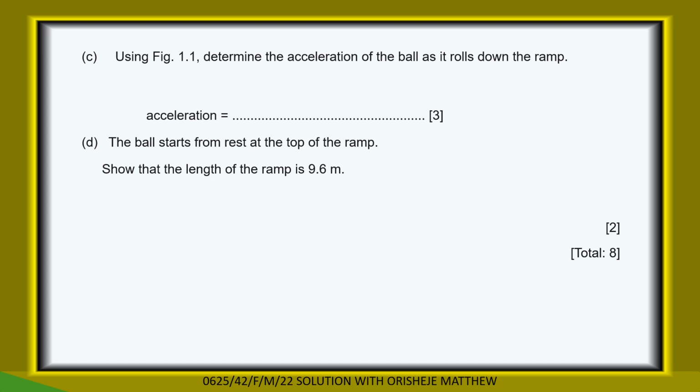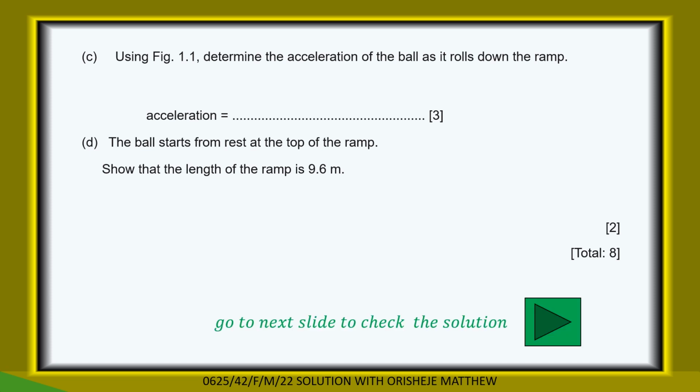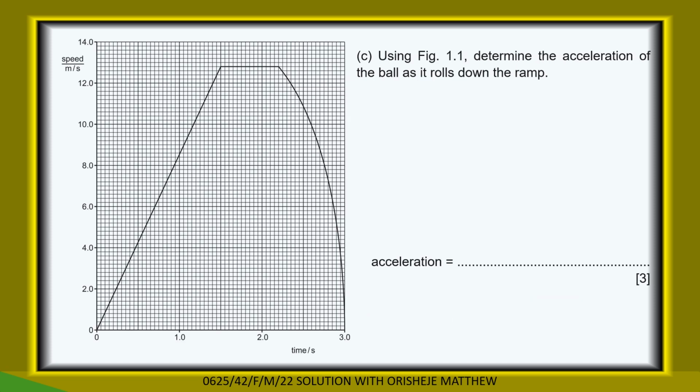Question C. Determine the acceleration of the ball as it rolls down the ramp. So let's go to the next section to assess the graph. When we want to find the acceleration, so we want to find the acceleration here, we have to know the variation in the speed.